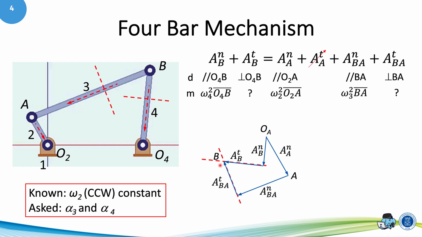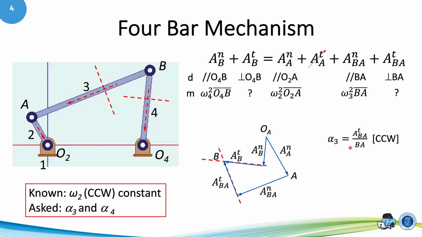From this polygon, we can obtain the angular acceleration of link number 3, that is ABA tangential over BA, and the direction is counterclockwise. How can you know that the direction is counterclockwise? You see that ABA tangential means the acceleration of point B relative to point A. It means that point A here is assumed as the center of the rotation.